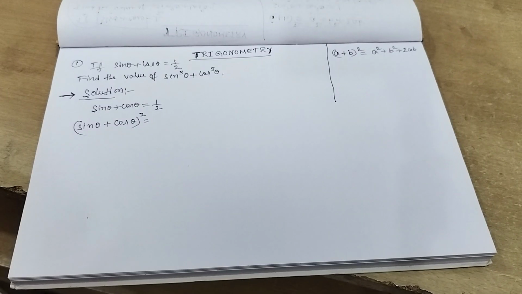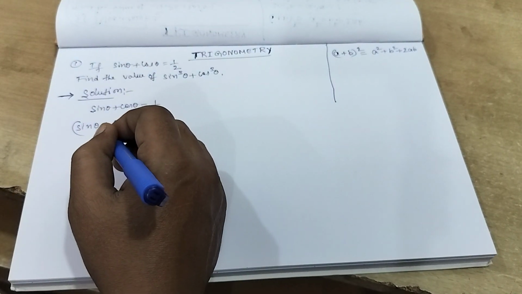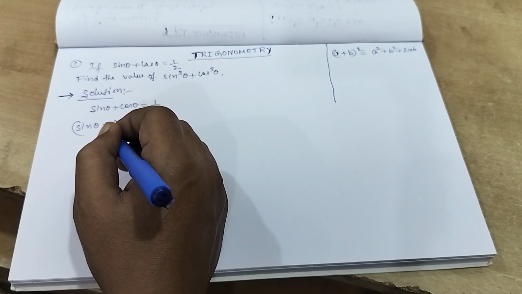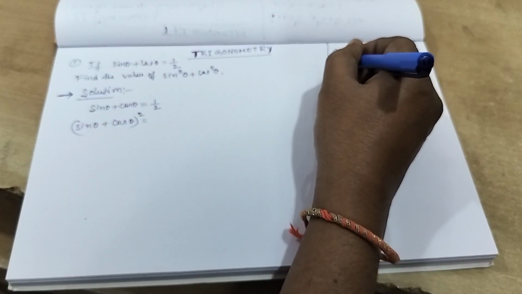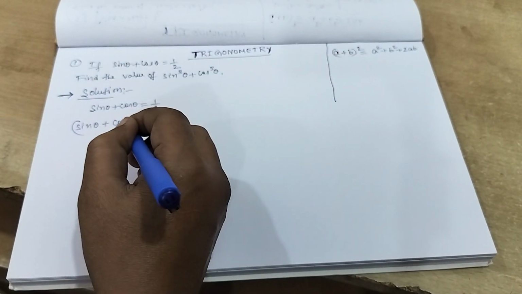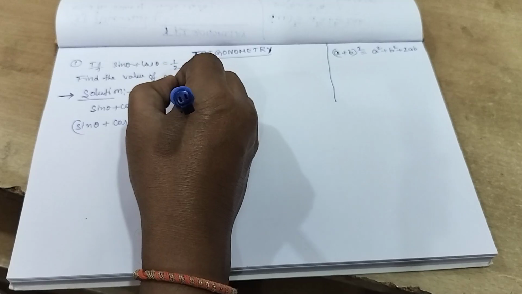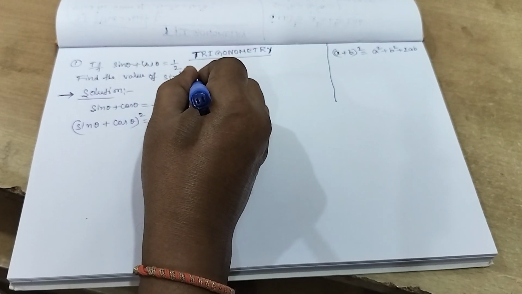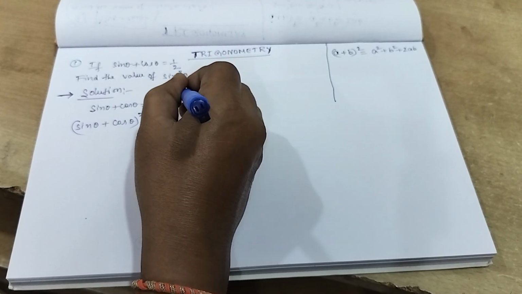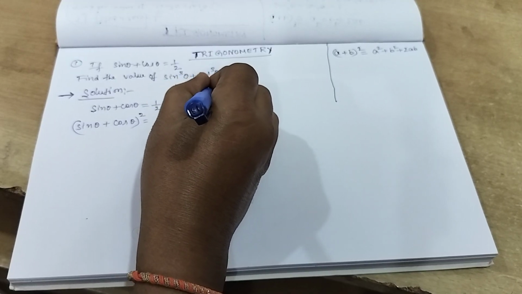So I'm going to apply it here. You can consider a as sine theta and b as cos theta.